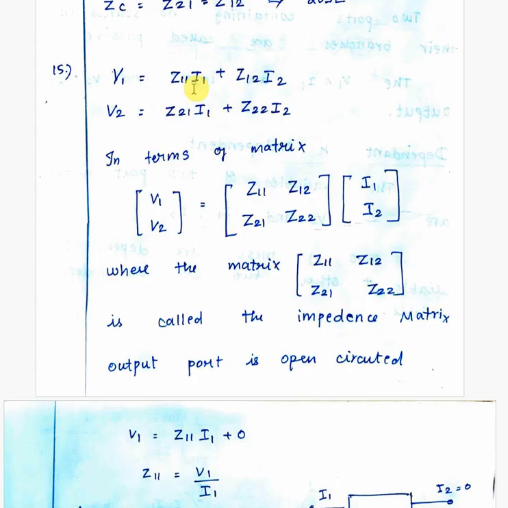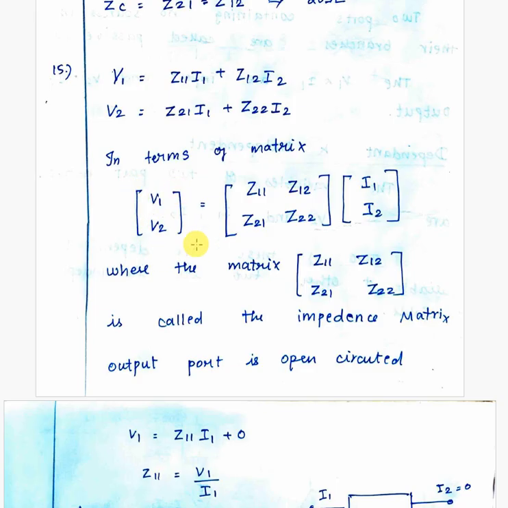Z11 depends upon the input current I1, and Z12 depends upon the current I2. The second equation is V2 equal to Z21 into I1 plus Z22 into I2. Z21 is the impedance common between both port 1 and port 2, which depends upon the value of I1. Z22 is the impedance present only in port 2, which depends upon the current I2.